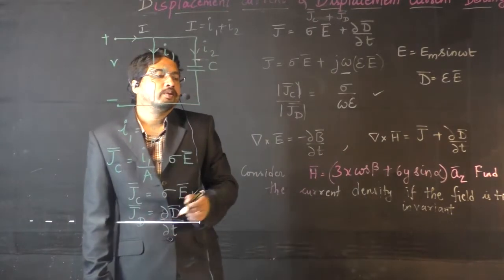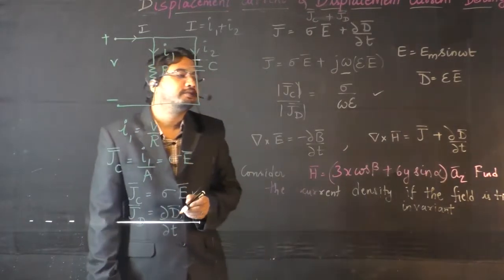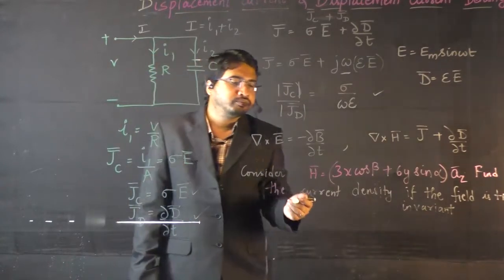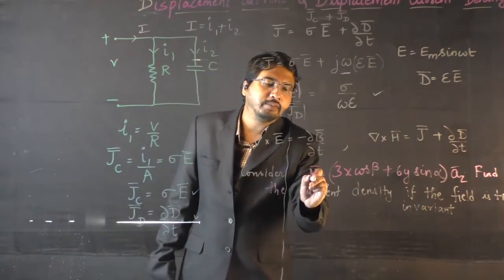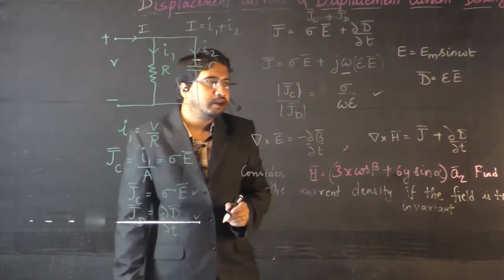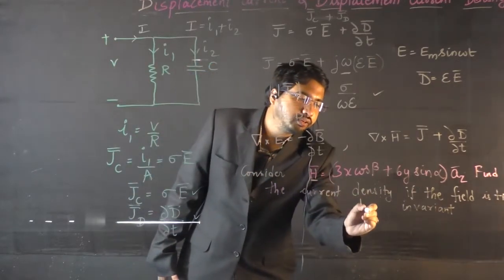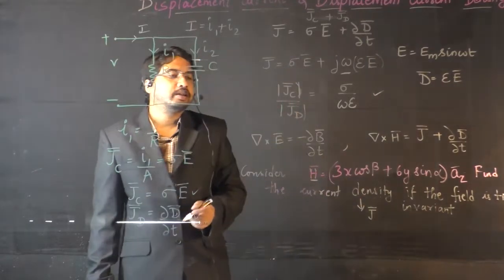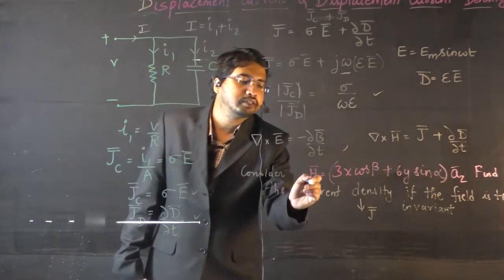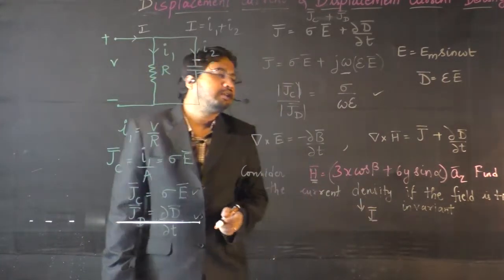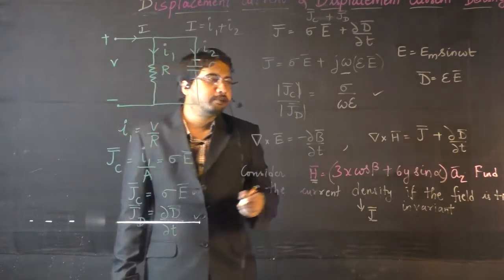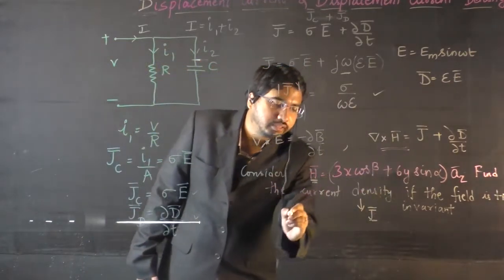How can you find the current density? The relation between magnetic field intensity H bar and current density, which we denote with J bar. So what is the formula which will link this H bar and J bar?